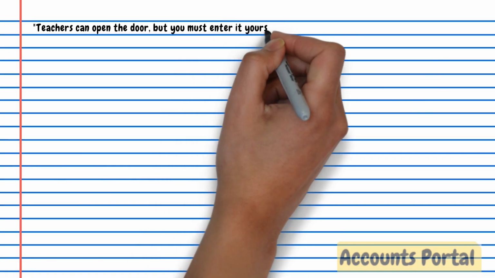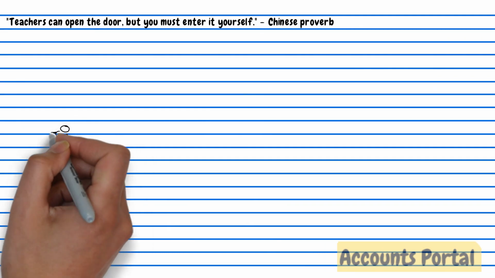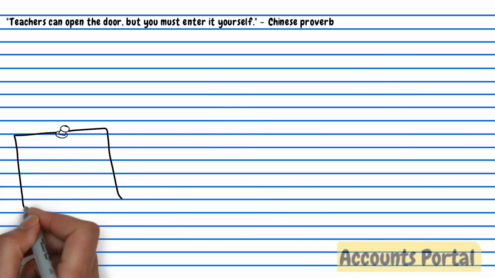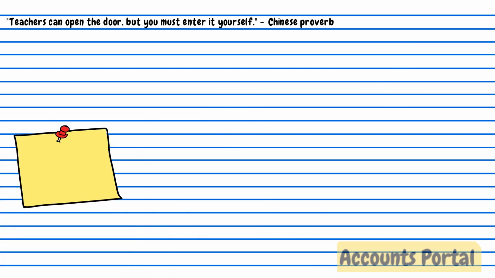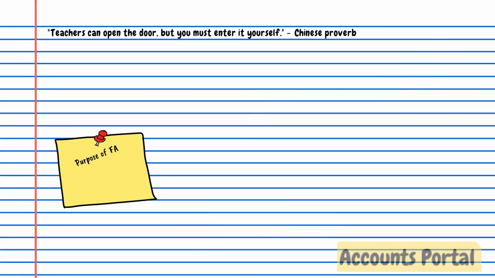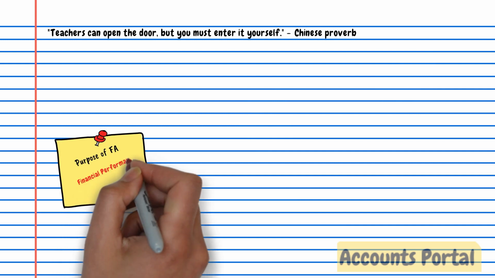Let us prepare sticky notes or summary notes of what we have learned today. The two main purposes of financial accounting are: one is financial performance, second one is financial position.